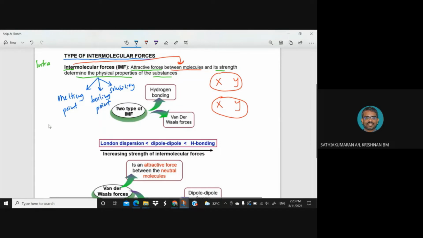How many types of intermolecular forces? We have two: hydrogen bonding and van der Waals forces. Hydrogen bonding and van der Waals forces. So now let us study one by one.